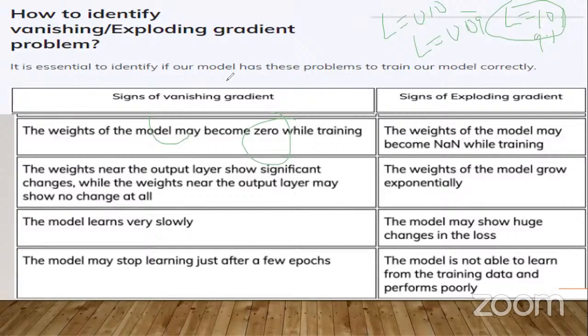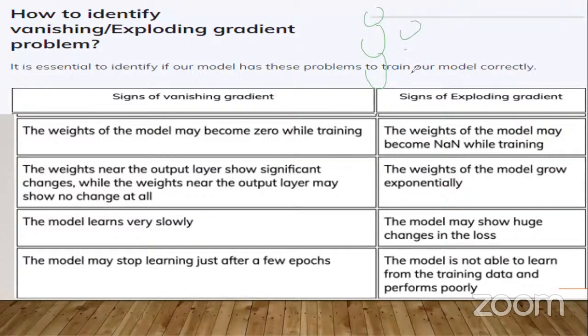What they are trying to say here is, let's say this is my neural network, and I have certain hidden layers, more than one hidden layer. Let me use a different color. This is my output layer.